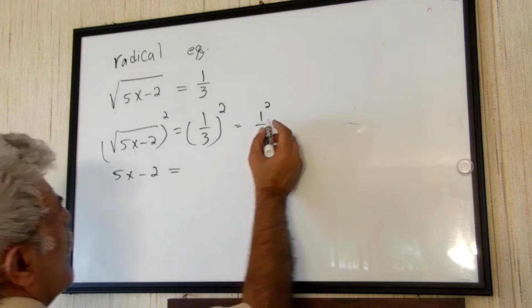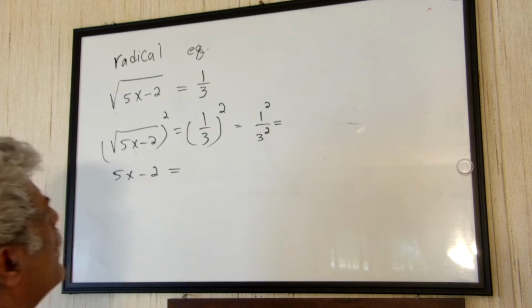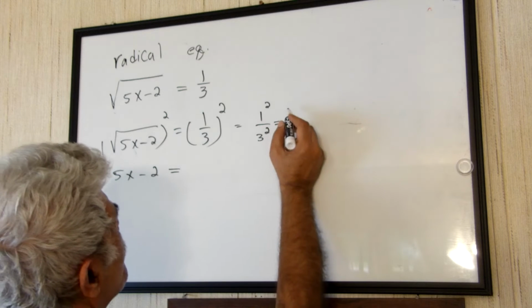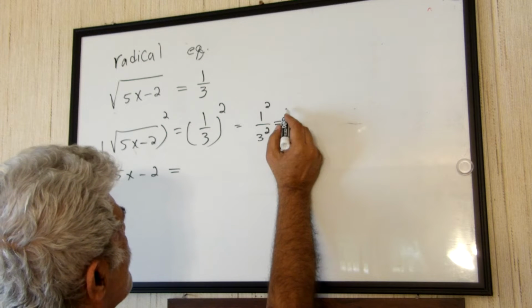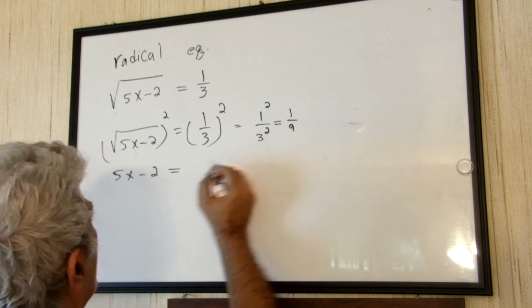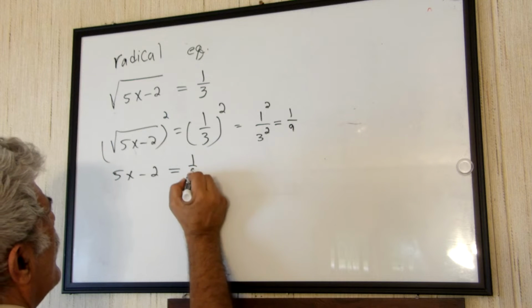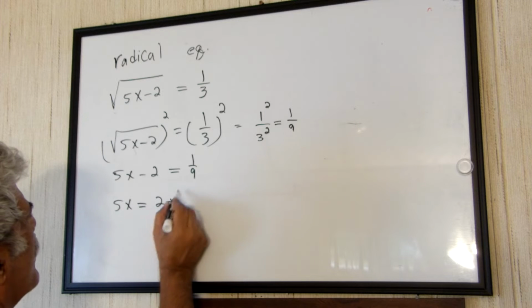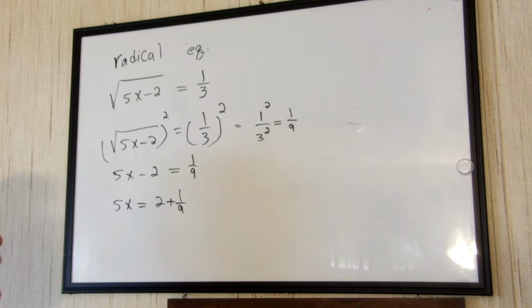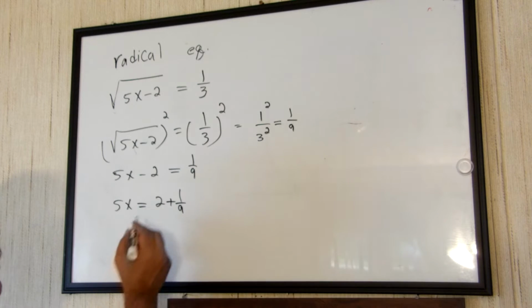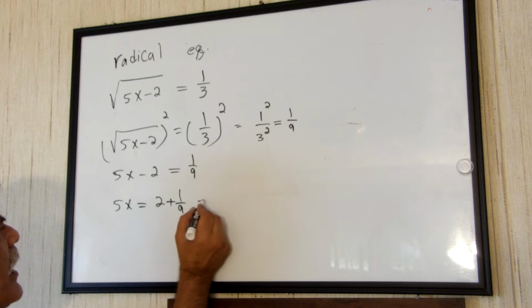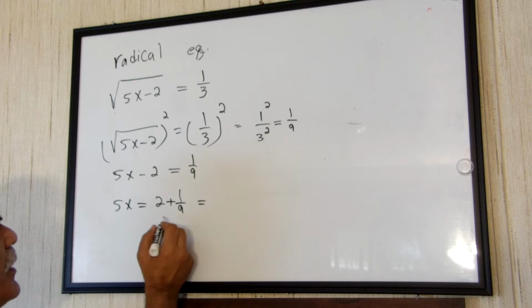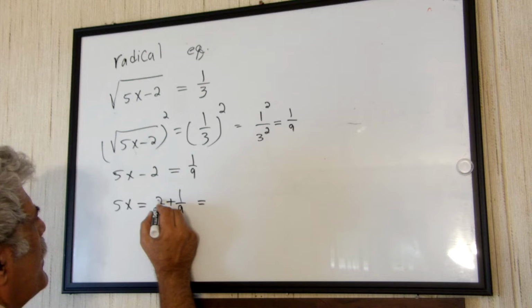So 1 to the power of 2 is 1, and 3 to the power of 2 is 9. So this is 1 over 9. 5x is equal to 2 plus 1 over 9. We try to make both the same denominator, a common denominator. We have to multiply this one by 9.